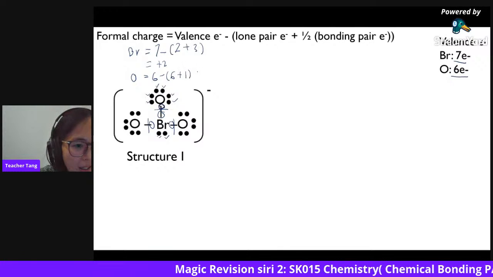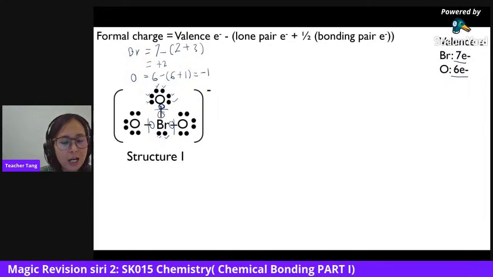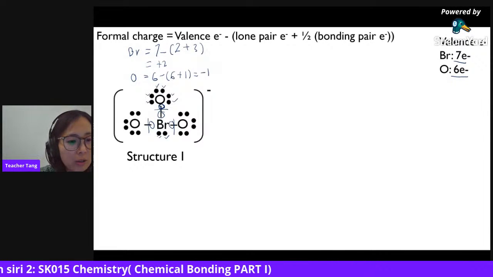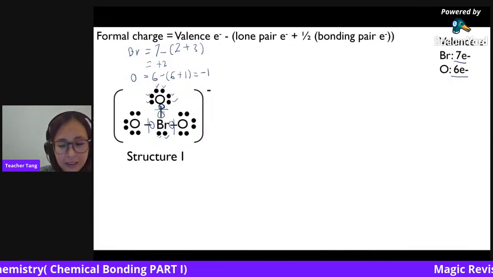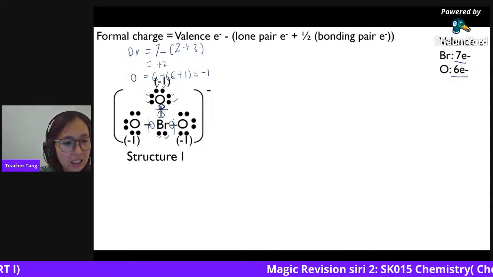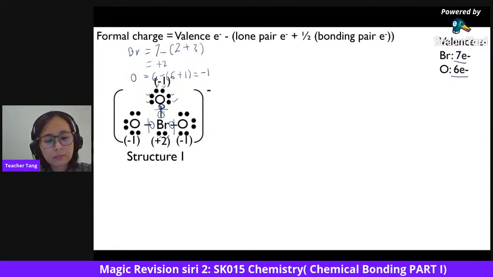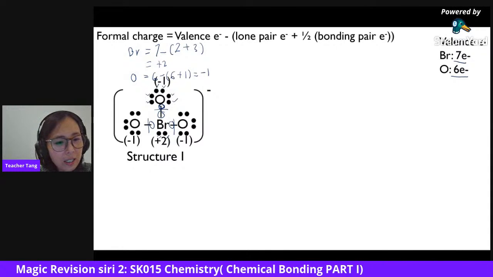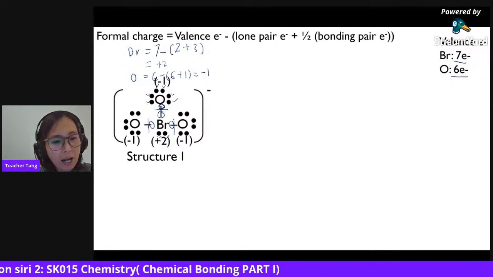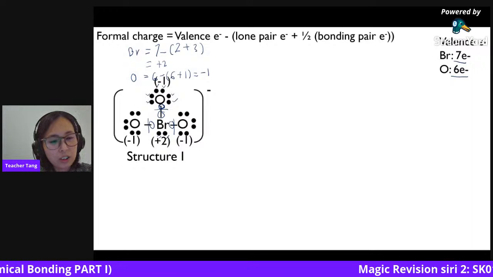So this gives a -1 formal charge on oxygen. Can you see that all these 3 oxygens are the same? So all of them have the formal charge -1, while for the bromine, it is +2. So bromine here in structure 1 is +2, while the terminal oxygen atoms are -1.